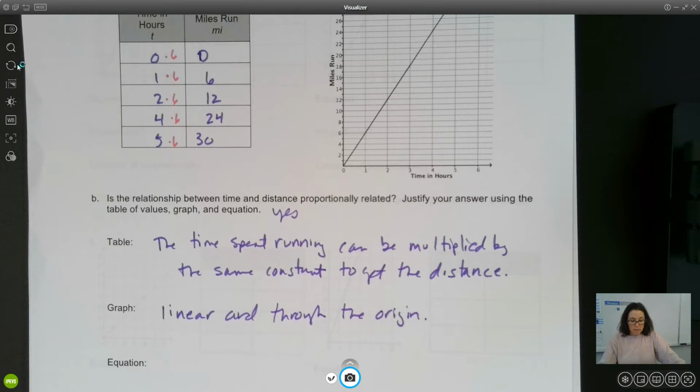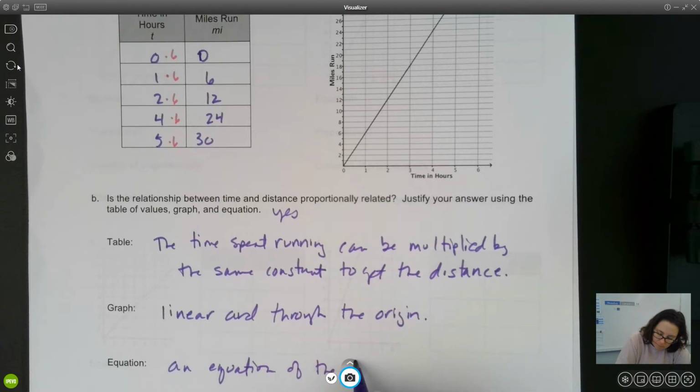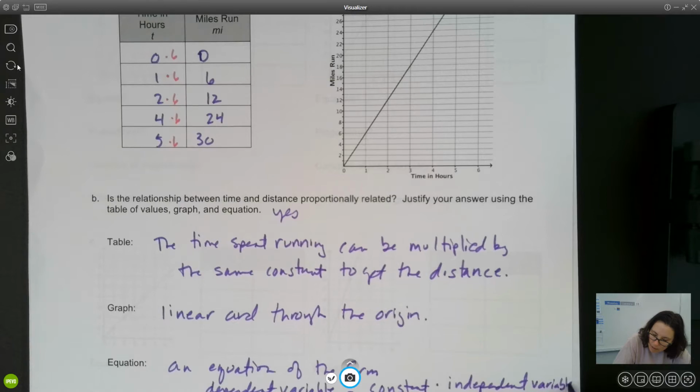Okay, and an equation. Okay, an equation of the form dependent variable equals constant times the independent variable. Let me scooch this up, guys.